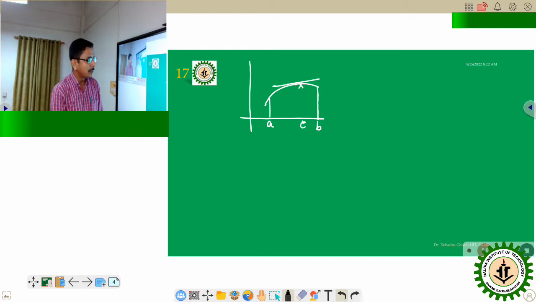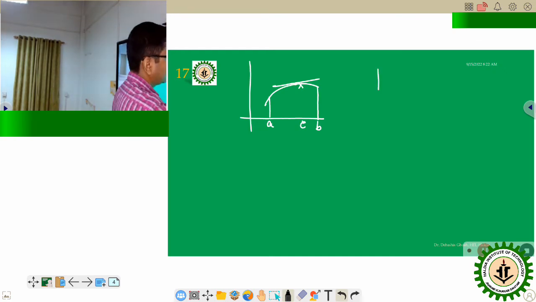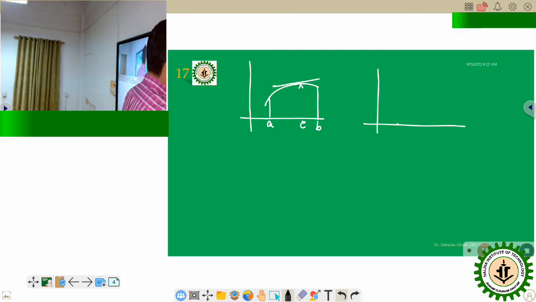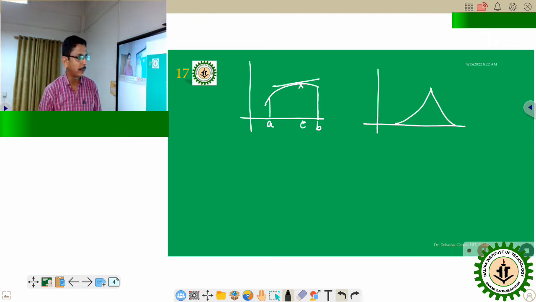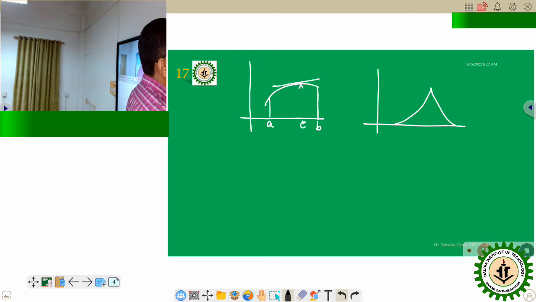But if you have a function like this, then we cannot claim that the function has its derivative, because if you draw the tangent at this point, in which direction will we draw it? Whether the tangent will come in this direction, or this direction, or this direction, we could not confirm this.